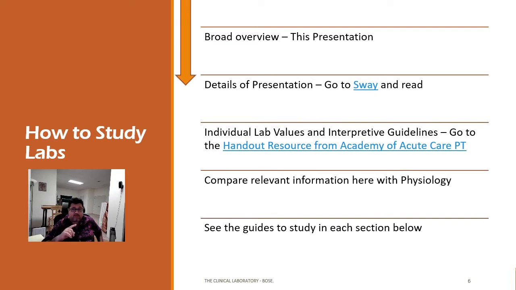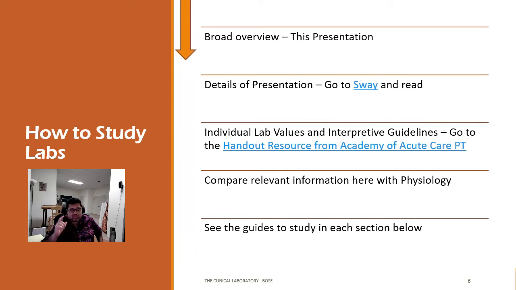Individual lab value references were deliberately removed from this presentation to keep it concise. Instead, they are presented to you in the handout resource from the Academy of Acute Care Physical Therapy that you must use to inform yourself about those items.